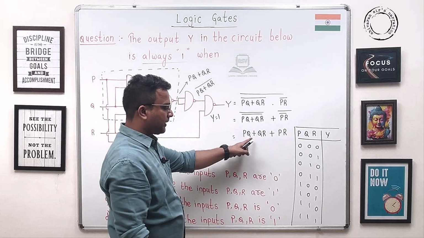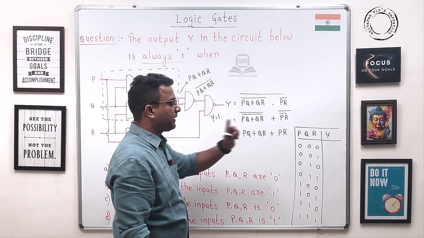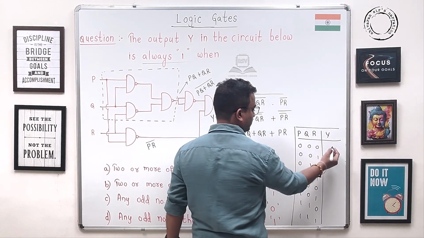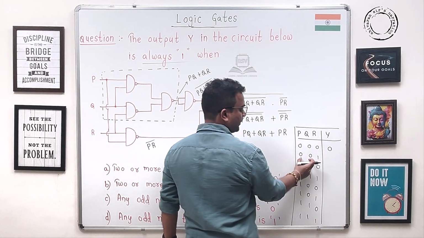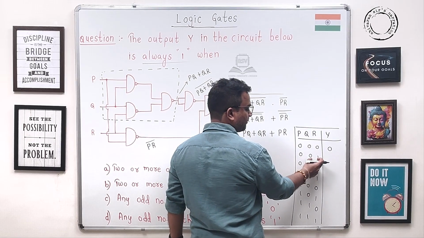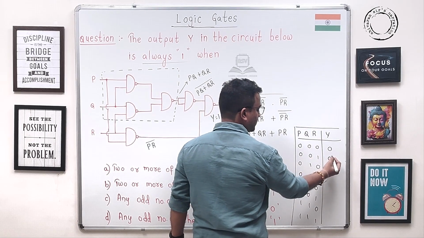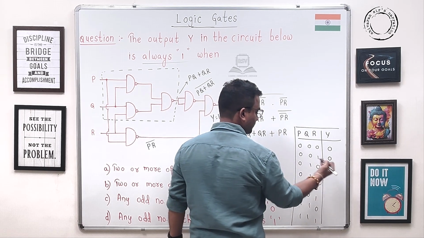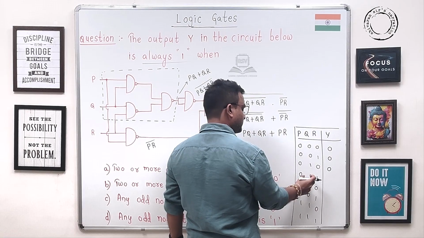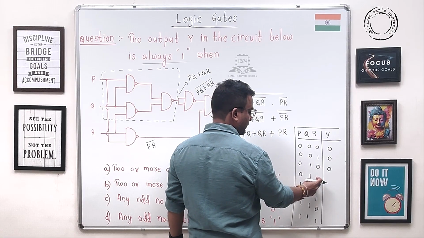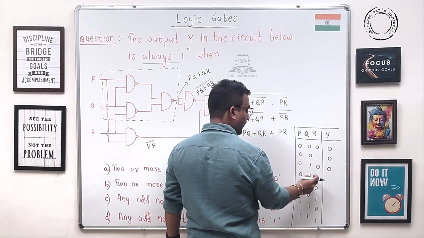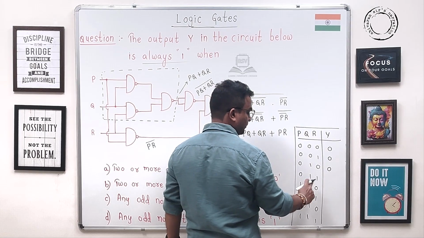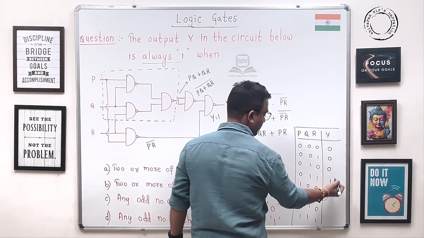Now, if you take PQ plus QR plus PR, for each combination: 0 into 0, 0, 0 into 0, 0, 0 into 1, 0, and so on, up to 0 into 1, 0, 1 into 1, 1, again 1 into 0, 0, therefore 0 plus 1 plus 0, it is 1.